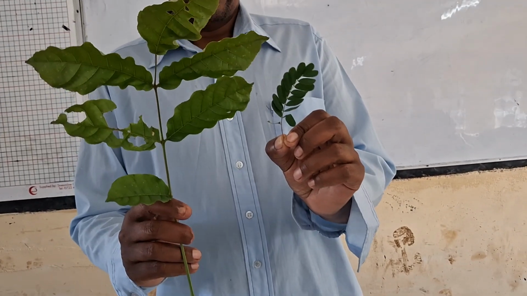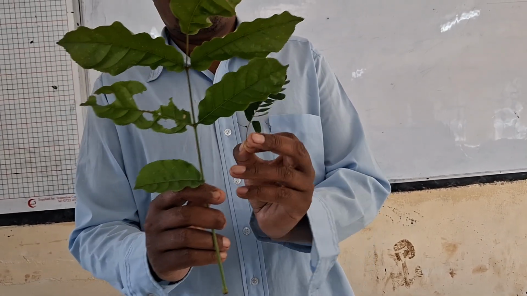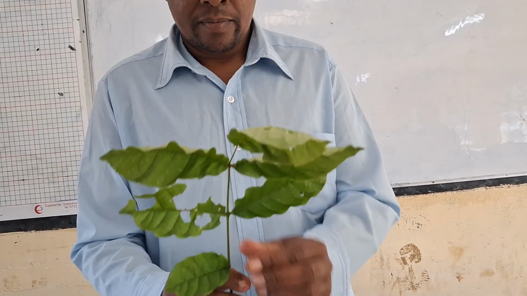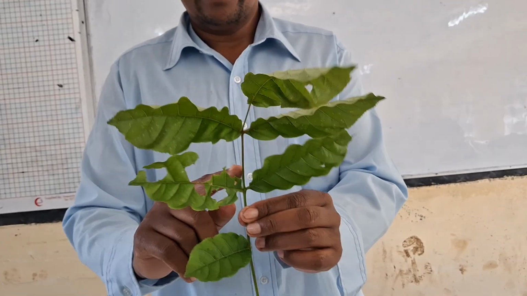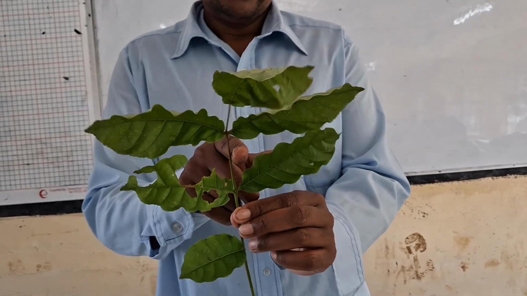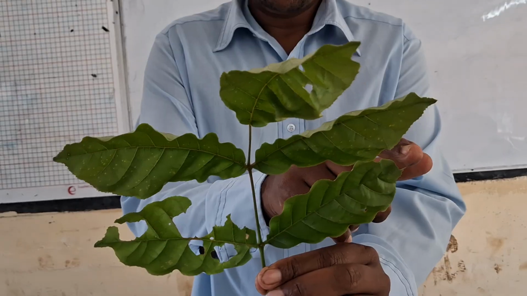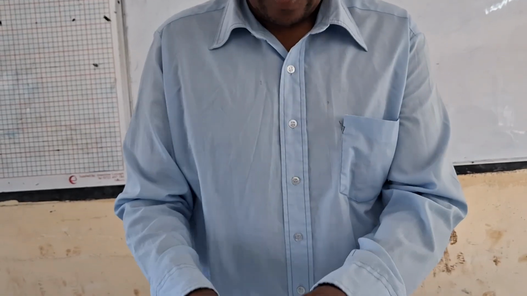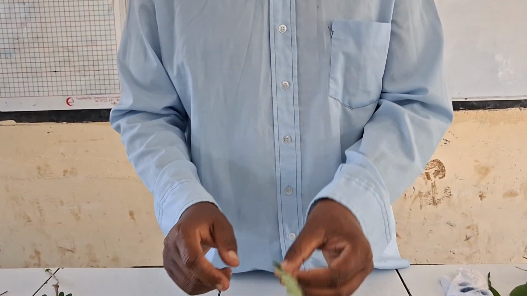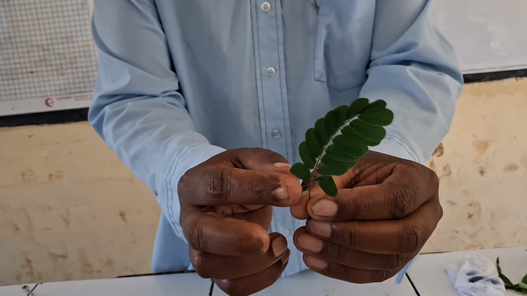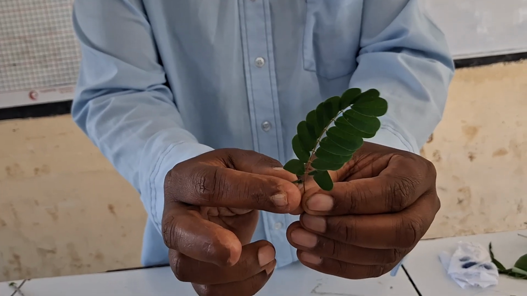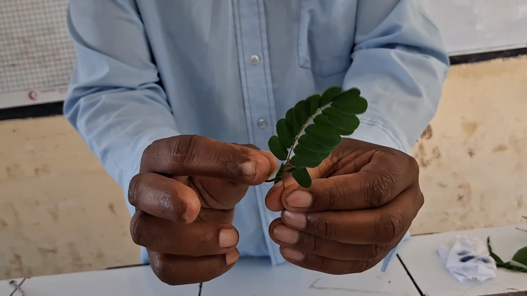If you look at the margins of the leaflets, this is a leaflet and this is a leaflet. This one, the margin is serrated. But if you look at this other small one here, the margin is smooth.